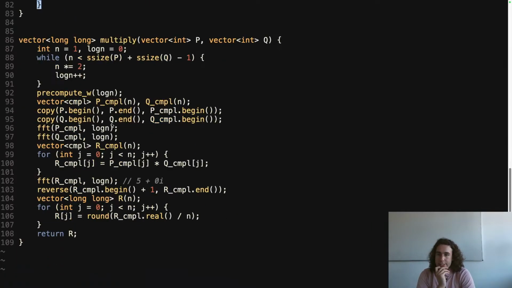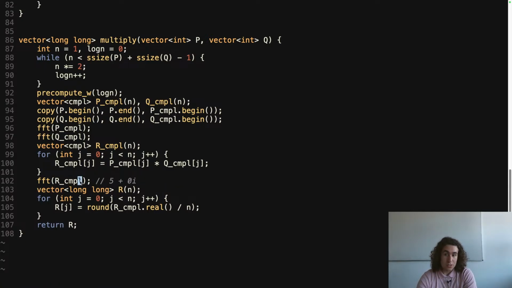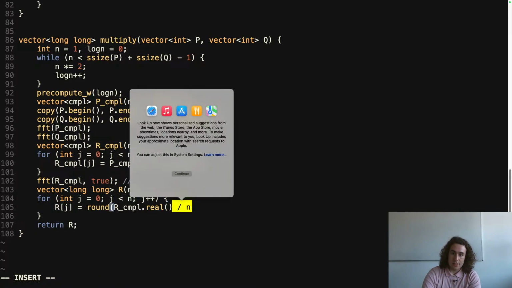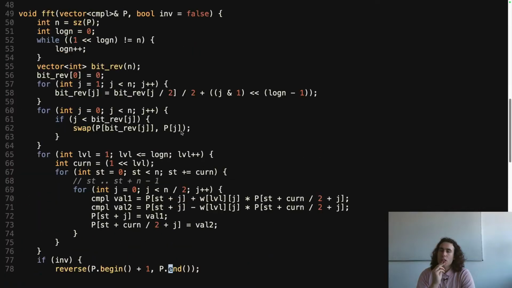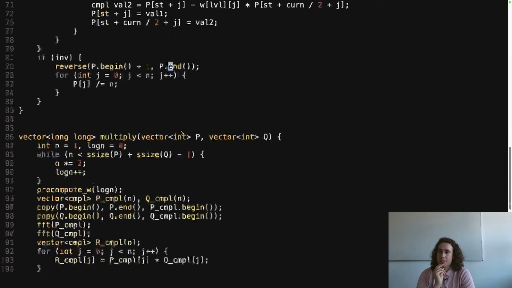And then here, we don't need to pass this thing anymore because we don't have recursion by levels. We just pass flag true to tell us that we are doing the inverse FFT. And I think this is everything, right? I think we did our FFT without recursion. This should be much faster.